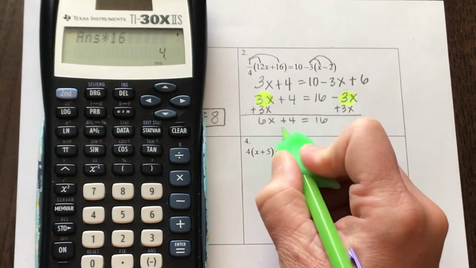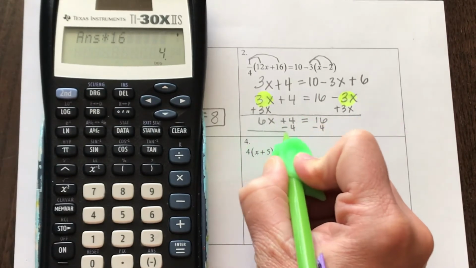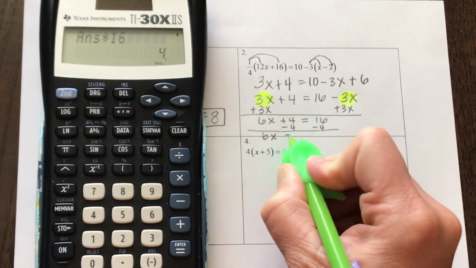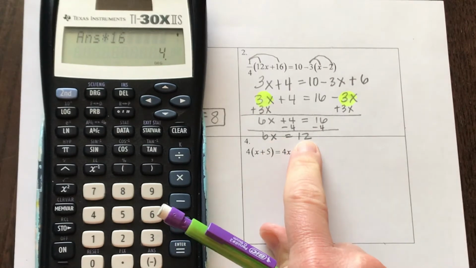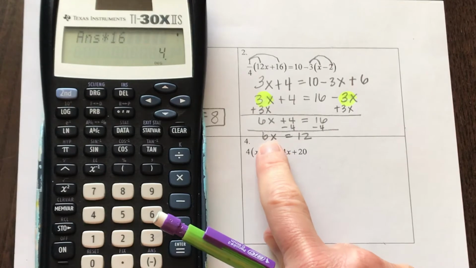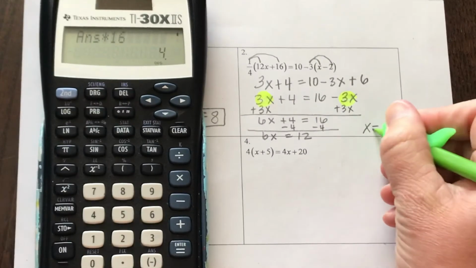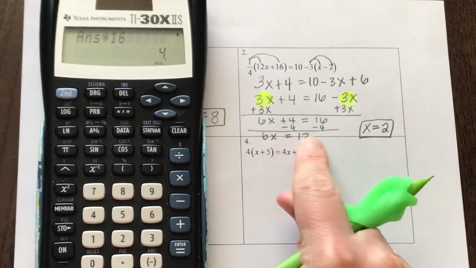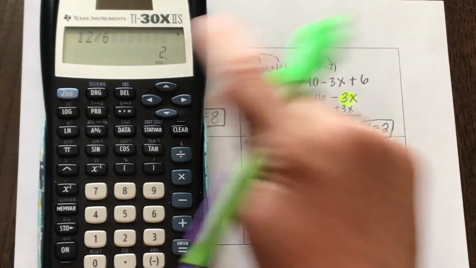Now what I'm going to do is subtract 4 on both sides, and I will have 6x equal to 12. Well, if 6x is equal to 12, maybe without your calculator, can you think, what do I need to multiply 6 by to get 12? I need to multiply by 2. Or just divide each side by the coefficient of 6. 12 divided by 6 is the answer of 2.